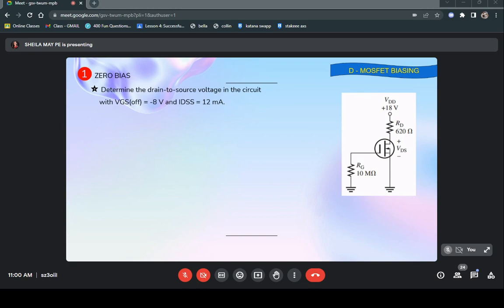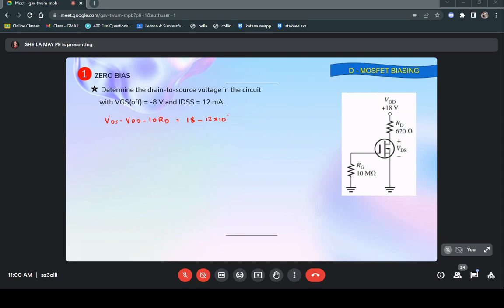Okay, to solve for the drain to source voltage, VDS is just VDD minus ID times RD, right? And VDD is 18. ID here is just equal to our IDSS because we are on zero bias, zero voltage for VGS.